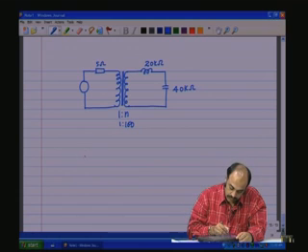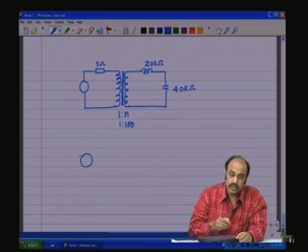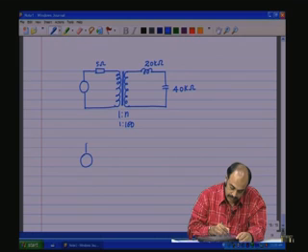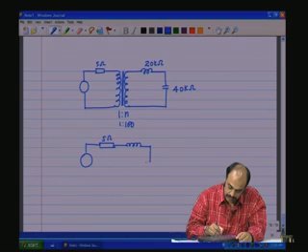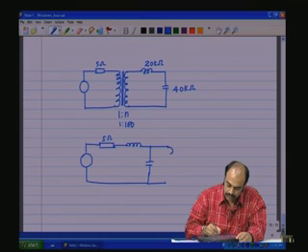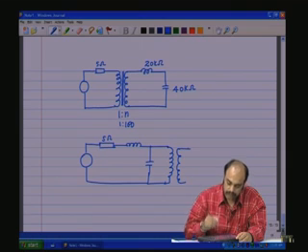Then I can equivalently represent it, as looked from the primary side, as a resistance of 5 ohms, an inductance and a capacitance and a transformer which is like that.